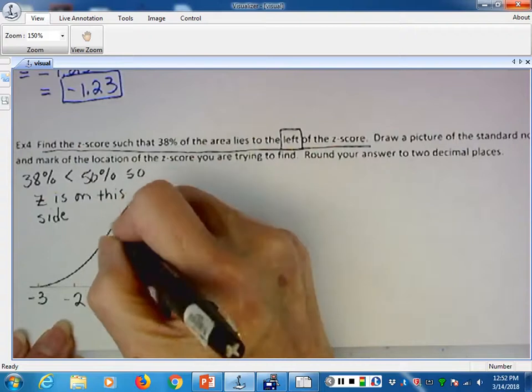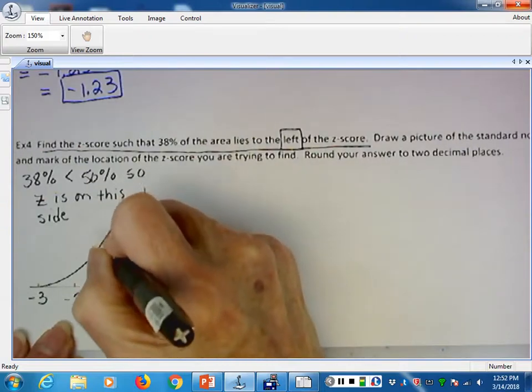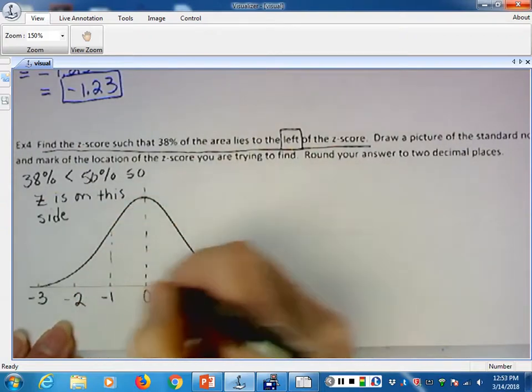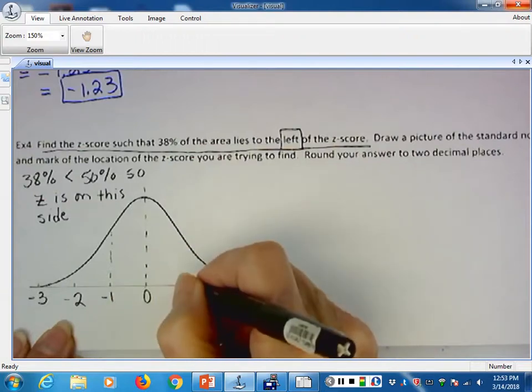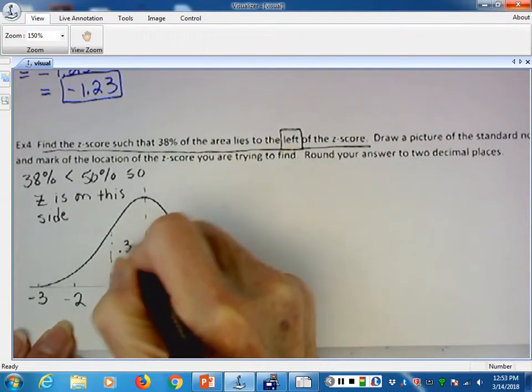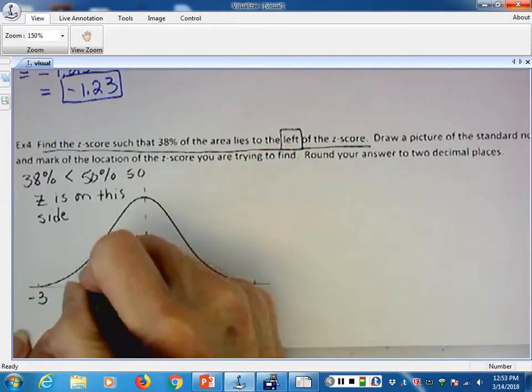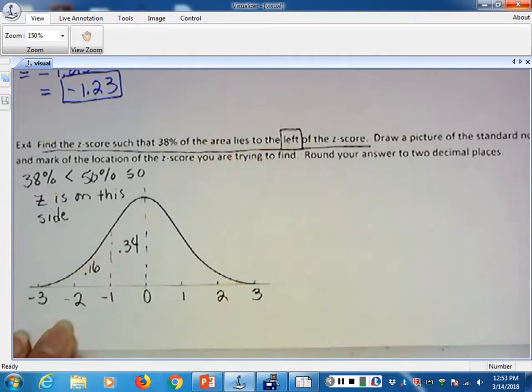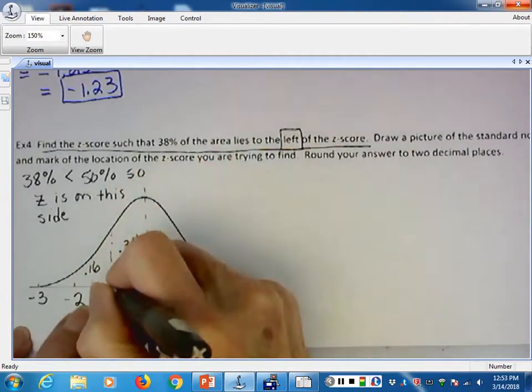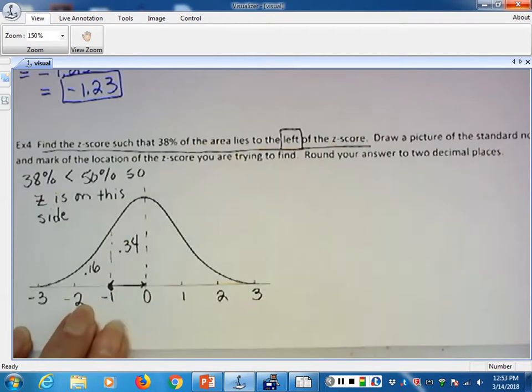And in fact, because of the empirical rule, we know that 68% is between -1 and +1, or 0.34, or 34%, is just right that far. If that's 0.34, this is only 0.16. That z-score is going to be somewhere between here and here. Okay? That's going to be the approximate location. And all we can do is just pick someplace.